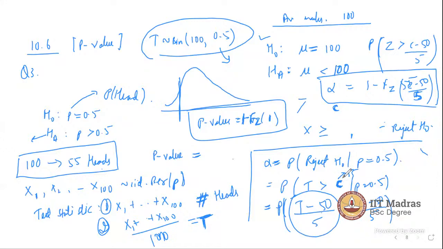In your solution, when you're finding the alpha, you said probability of t greater than c, given the probability of heads is 0.5. How would you say t minus 50 by 5? Yes, so I had taken my t to be x1 plus x2 plus up to x100, and this models my binomial distribution with n equals 100 and p equals 0.5, correct?